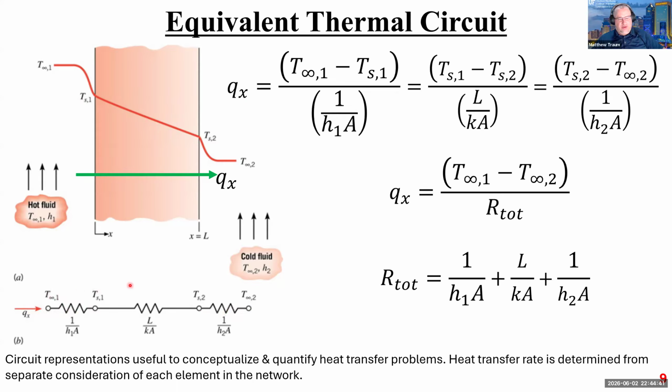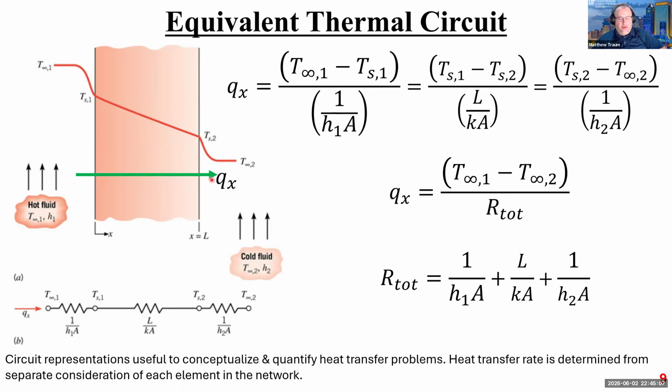And then I know that the potential that's driving the heat across this set of resistances is just the temperature difference. And so I can use that to back out the heat transfer. So that's what I'm doing here, right? I've just added to that previous plot that I showed before this green heat flux term, or heat transfer term. And then I'm showing here that because this term, remember, is not a function of x, right?